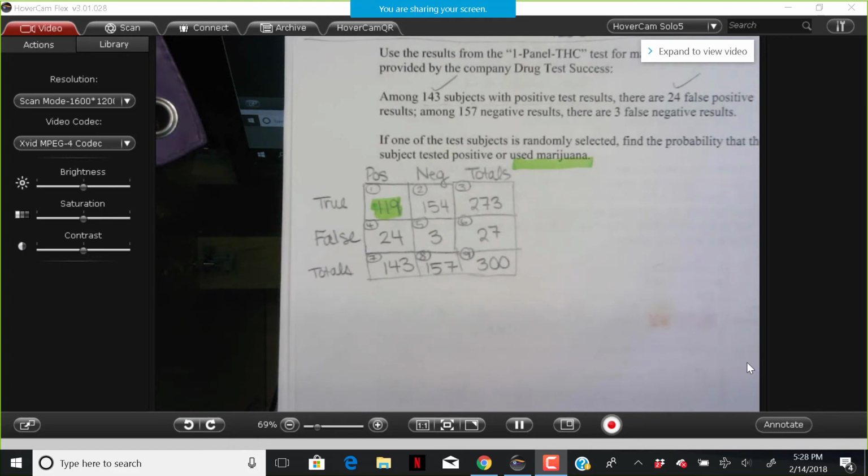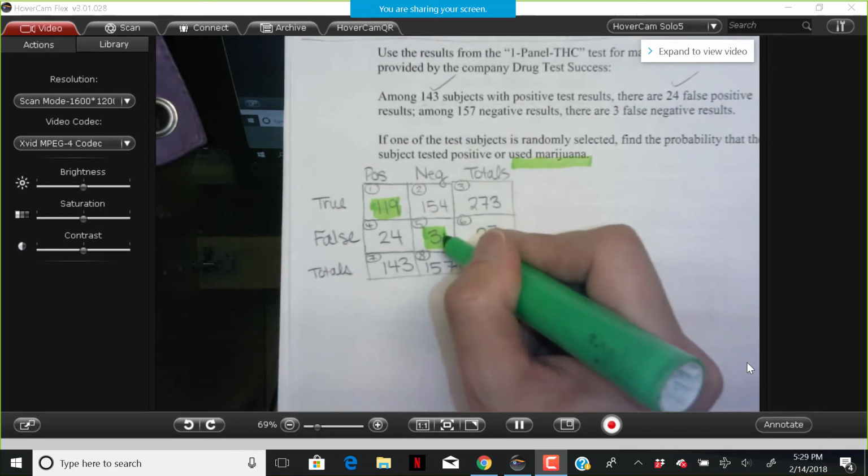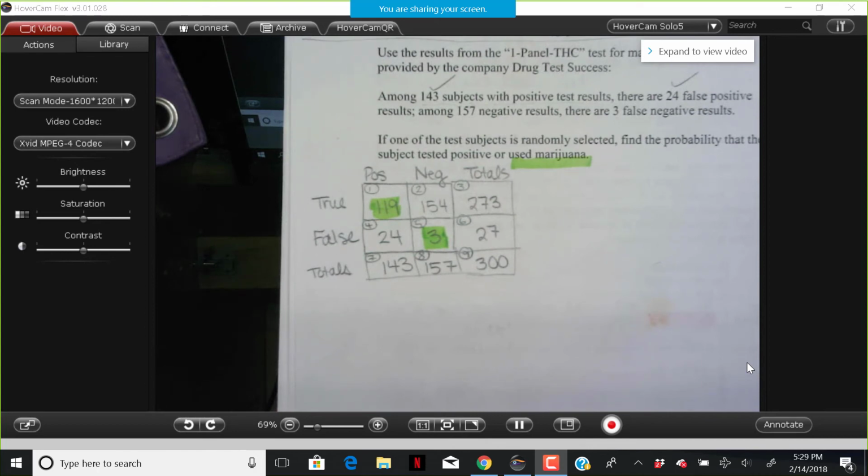The test said no, they didn't use it, and the test was true. Okay. What about here? No, because the test came back positive, but it was false. So they didn't use. So what about the 3? Yes. The test came back negative, but it was false, which means they actually did use. Okay, so those are the people that used.